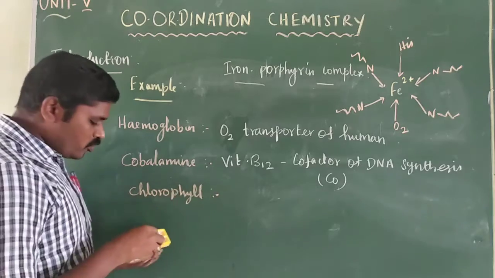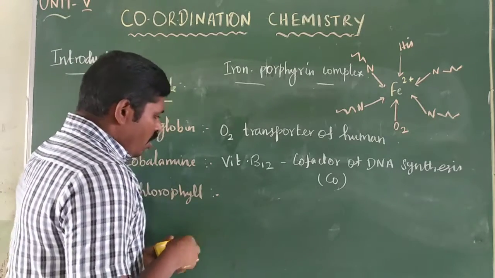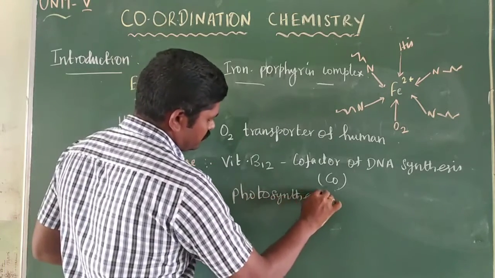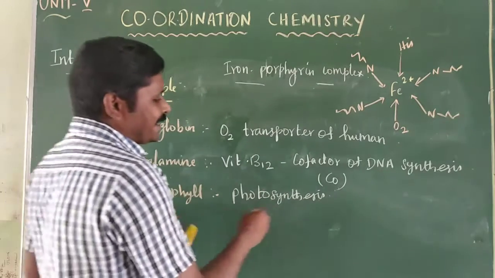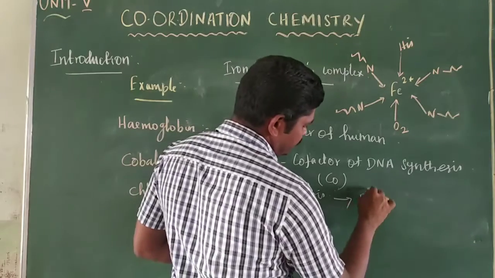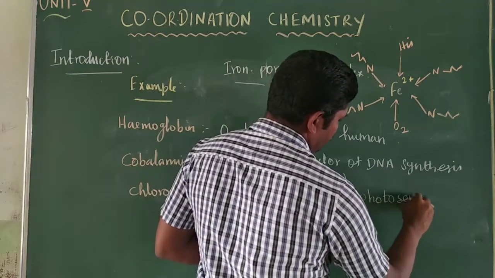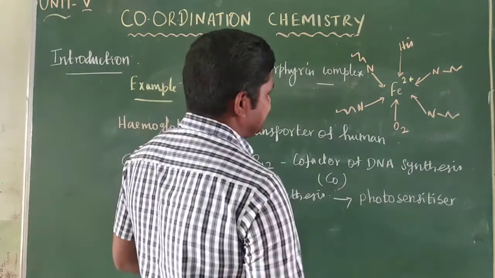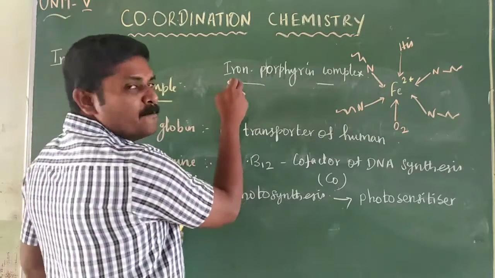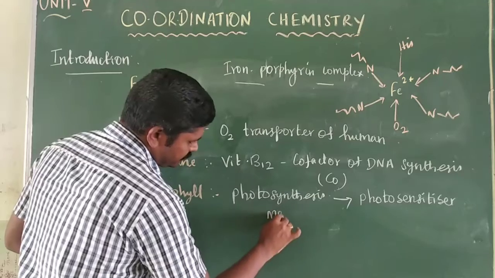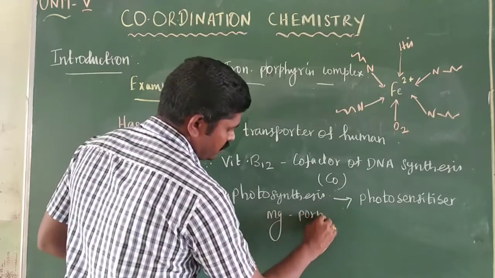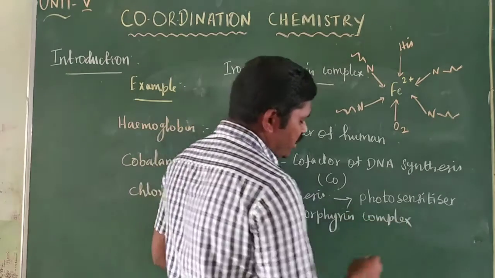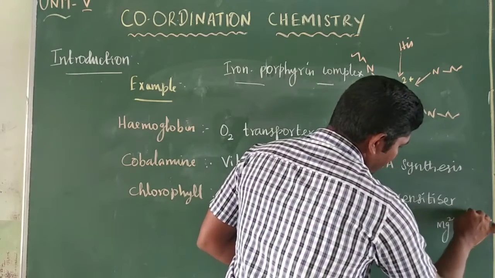Chlorophyll: already you know the photosynthesis process. In photosynthesis, chlorophyll acts as a photosensitizer. Chlorophyll is a magnesium porphyrin ring complex, the central metal ion being magnesium.